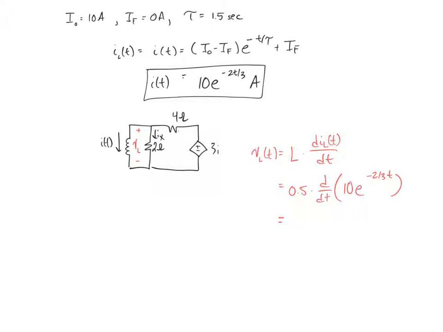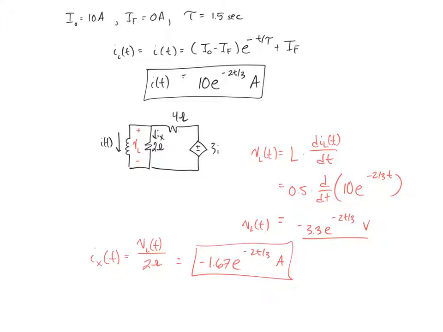Performing this computation, you get negative 3.3e^(-2t/3) volts for the inductor and the resistor voltage. Following this, we can write that Ix just must equal V_L(t) over 2 ohms, applying Ohm's law for the resistor, therefore equaling negative 1.67e^(-2t/3) amperes.